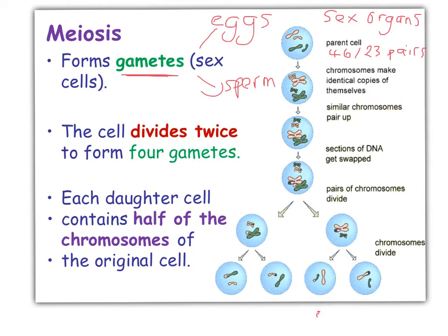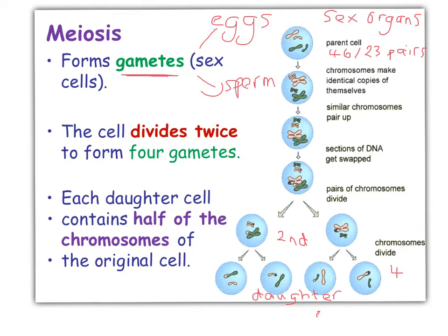Now in meiosis there is then a second division where the chromosomes line up, and again they are pulled to either side of the cell, so they're separated. So we end up with 4 daughter cells, and each of the daughter cells is genetically different. Because the cell has divided twice, we started with 23 pairs of chromosomes.